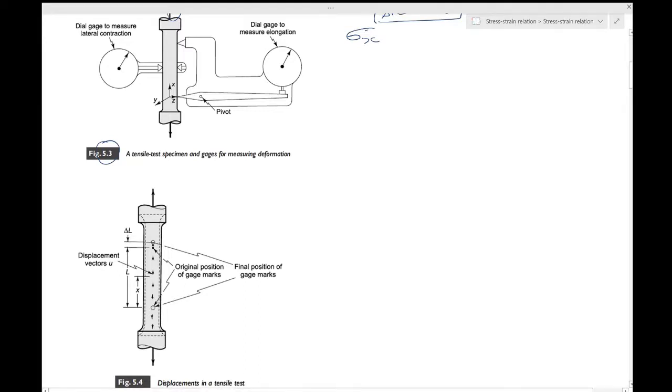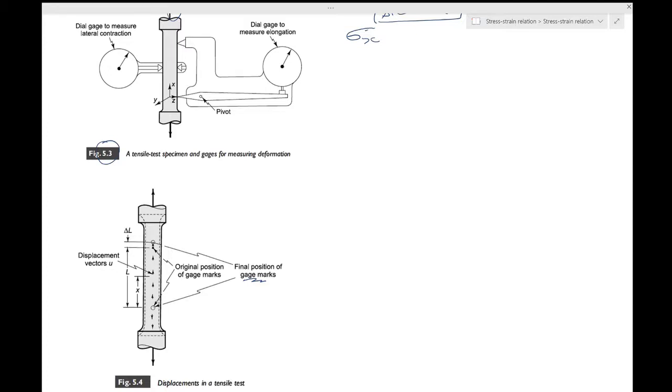Now as you keep on doing this test, say the separation between them was L, now it has become L plus delta L finally, once you have stopped increasing the load, and that is what is shown over here. So L plus delta L is the final separation between two gauge points.